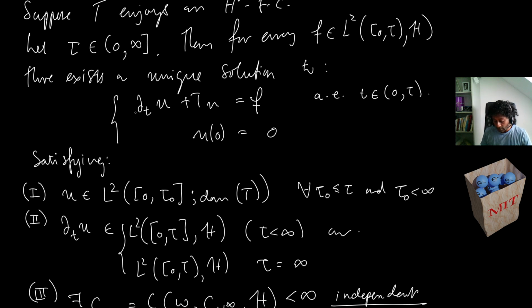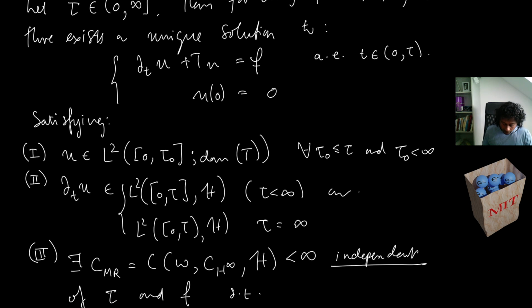So this is an inhomogeneous equation with trivial initial data. The point here is that actually the partial t of u and the Tu, these are really guaranteed to be in L2 0 to tau, even if tau is infinite. But what cannot be guaranteed is that u ends up in the domain of T.